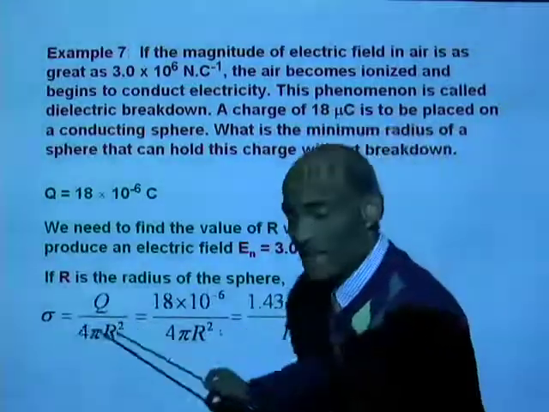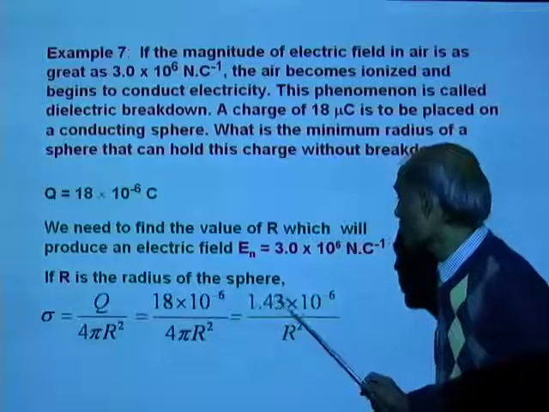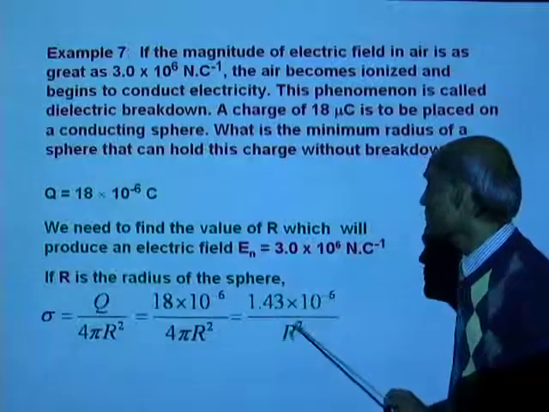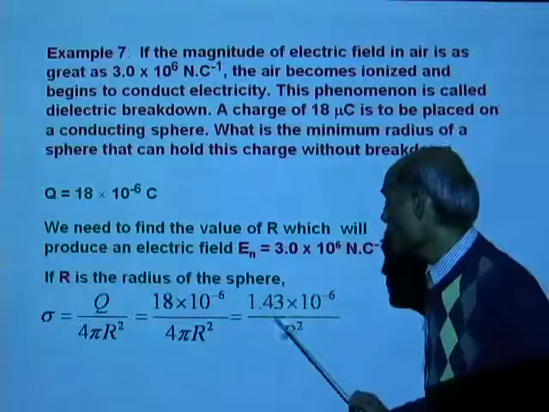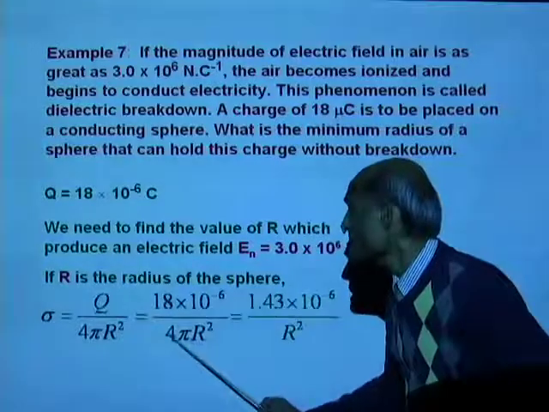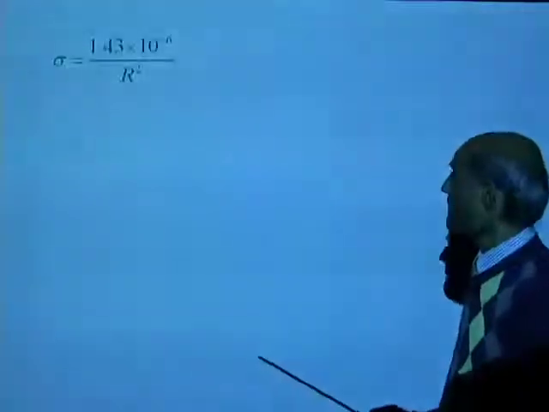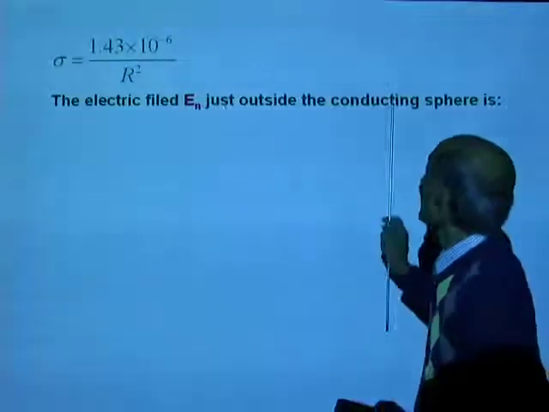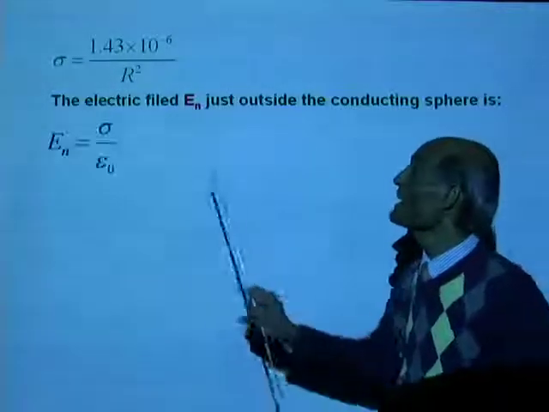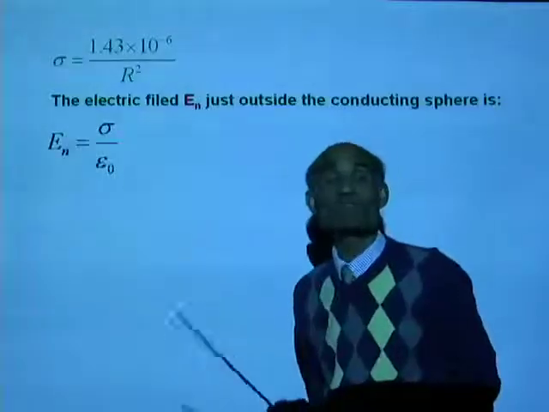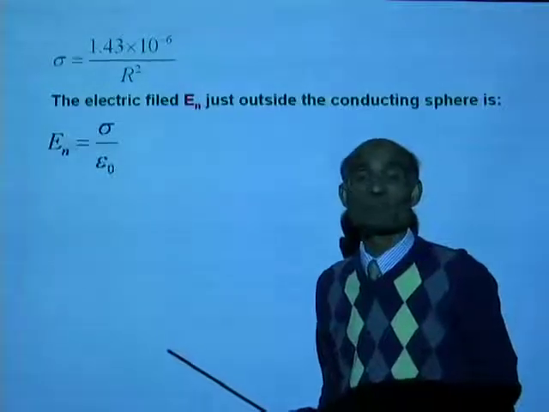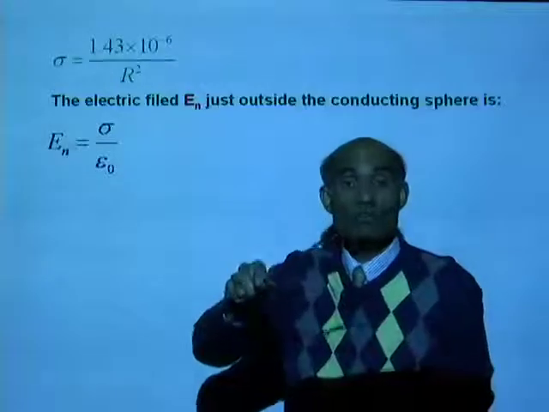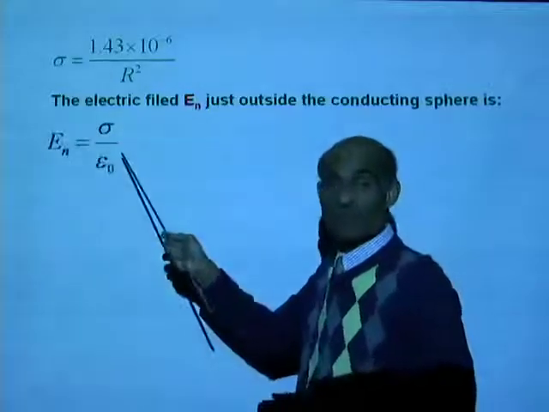So sigma equal to 1.43 times 10 to the negative 6 over r squared, where this 1.43 is 18 divided by 4 pi. Now, the electric field En just outside the conducting sphere is sigma over epsilon naught, which is actually kq over r squared. It will give you the same result.